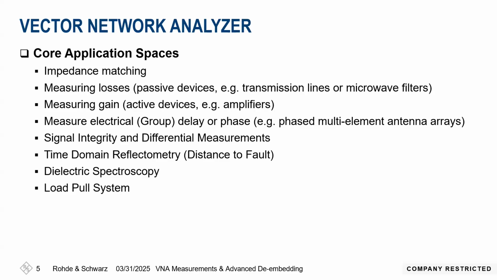They are also utilized in load pull systems. They are also capable of doing material measurements, for example, analyzing the behavior of the material, their permeability and permittivity. They are also capable of doing group delay measurements or phase delay measurements. So these are the different core applications for the vector network analyzers.